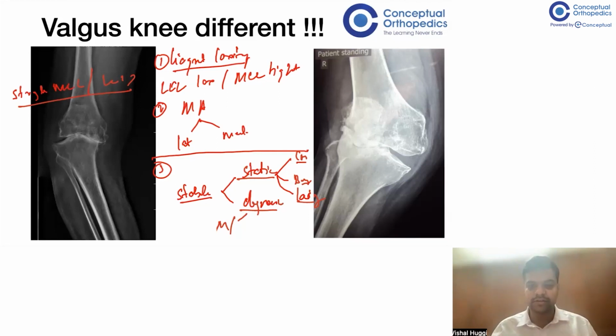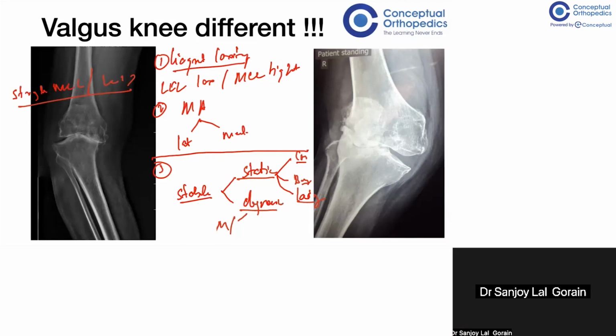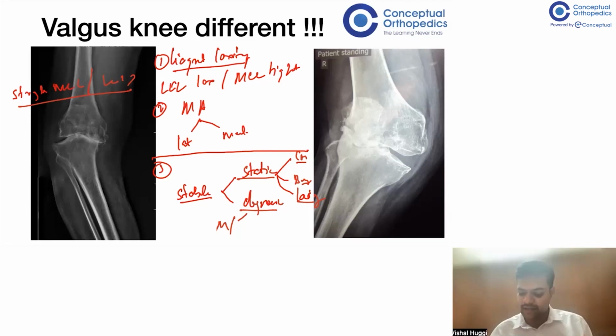Does our ACL stretch out? No, sir. Then why do you apply it to the collateral ligaments? This is questionable. Tight and lax are different terms. How do we take it?